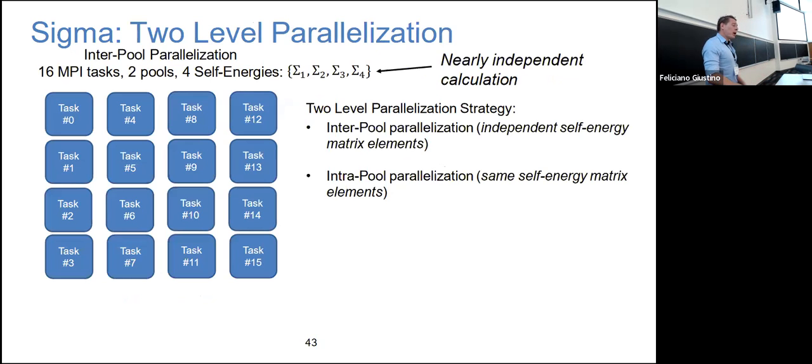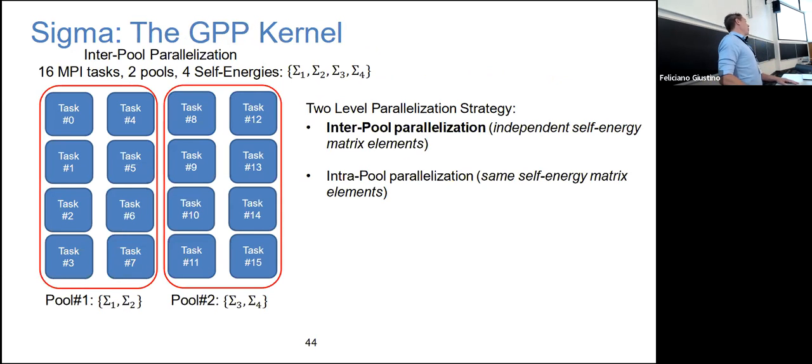The parallelization strategy in sigma is quite straightforward. The evaluation of each of the self-energy matrix elements is largely independent of the others, so we are using a two-level parallelization. The first one is an interpool parallelization, where we create pools of processes, each working independently on a subset of self-energy matrix elements. Here is shown the example of 16 MPI tasks split into 2 pools of 8 processes.